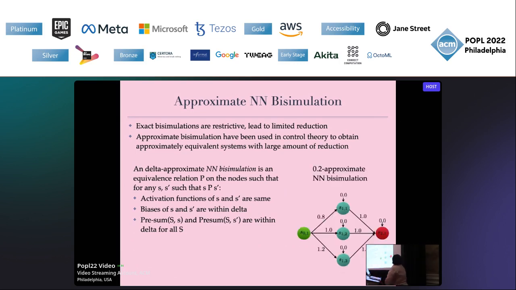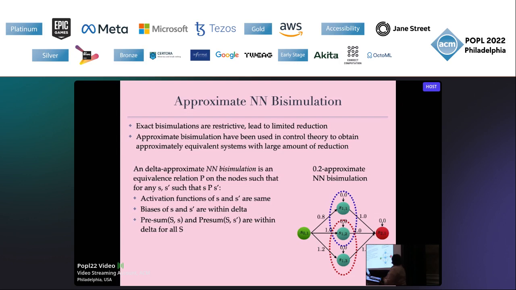So for instance, in this example, if we consider an equivalence relation where we merge S11 and S12, you see that this is not an NN bisimulation because presum with respect to S11 is 0.8, whereas that with respect to S12 is 1. But this is a 0.2 approximate NN bisimulation because the presums differ by at most 0.2.